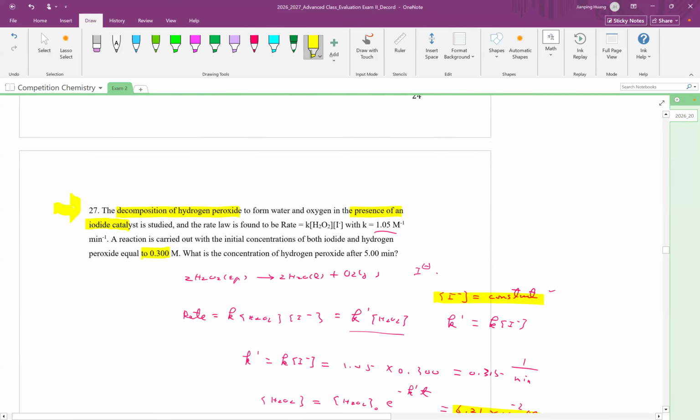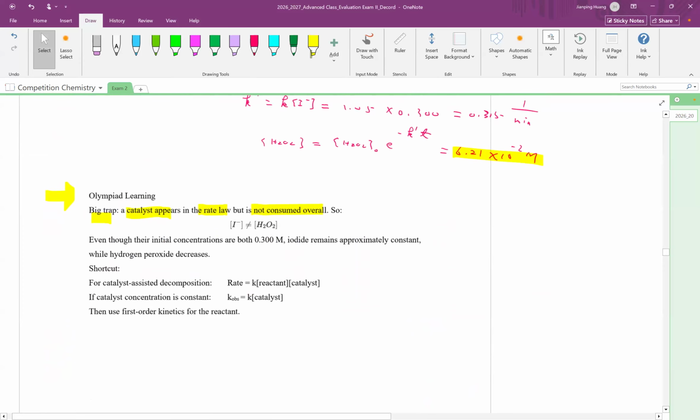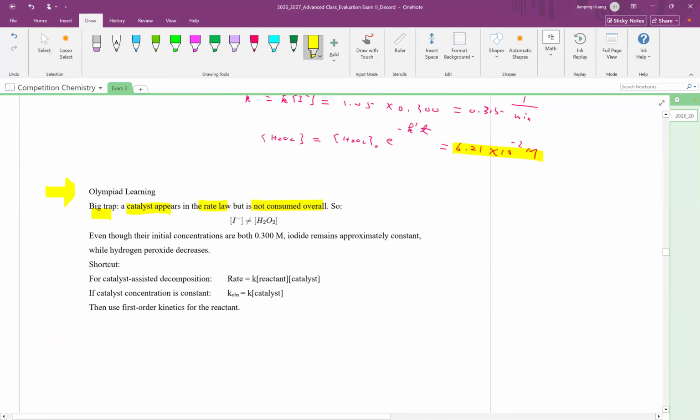See, they give you both 0.3. I said, wow. But you know what? Why is it a constant? See, this is not equal. Both initial concentrations are this one, but I minus has no change. If you know this one, this is good.